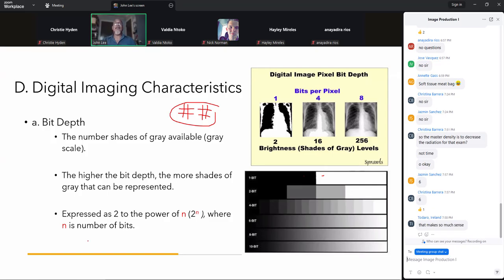So the higher the bit depth, and this is the formula to calculate it if you needed to, 2 to the power of n. So 2 is the binary portion, and n is the number of bits that are included.